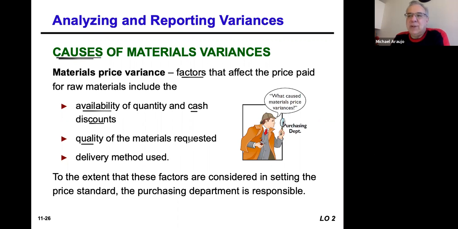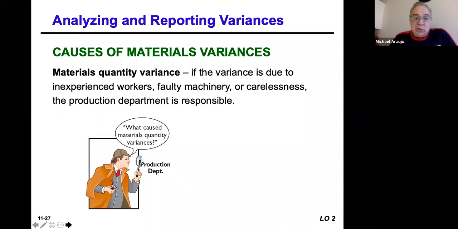Sometimes if you don't have as good a quality material, you might need to use more of it to produce what you had. And what type of delivery method was used, and of course the costs involved with that. So this might help next time when they consider setting the price standard. The purchasing department needs to make sure they're looking at all these types of things more carefully to get a more accurate price, or at least to account for the variance.